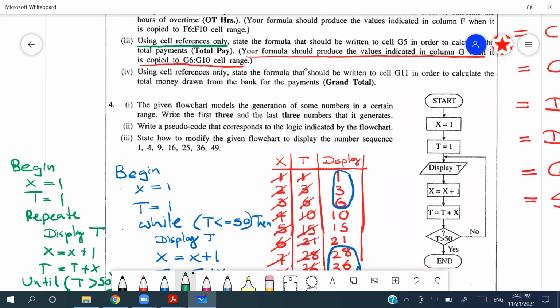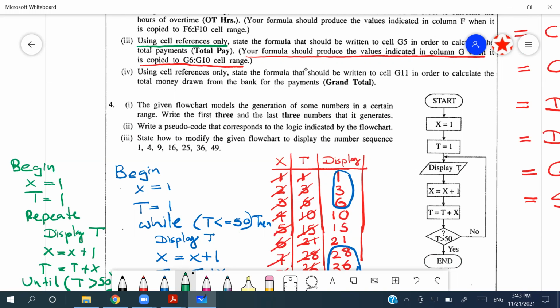Right, so now they want to show 1, 4, 9, 16, 25, 36, 49. So how are we going to do that? They haven't said whether the number of steps can be changed or not, so we got the liberty to do so.